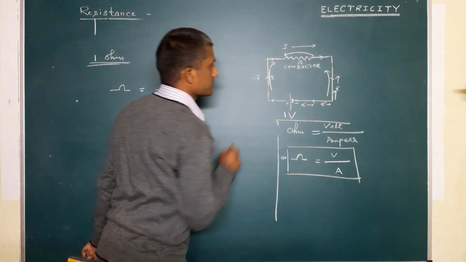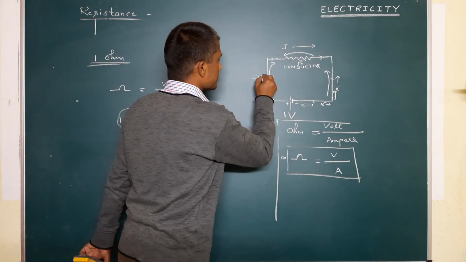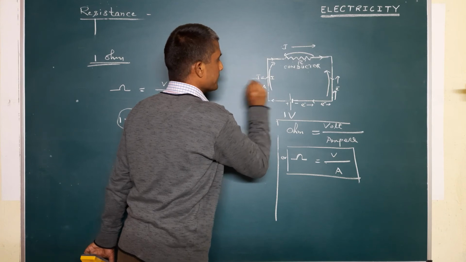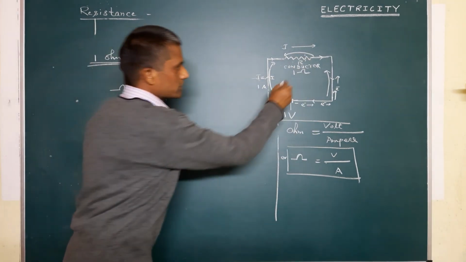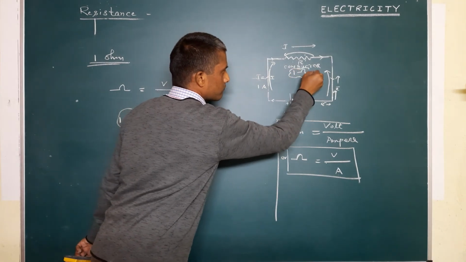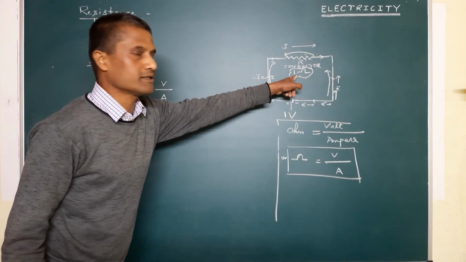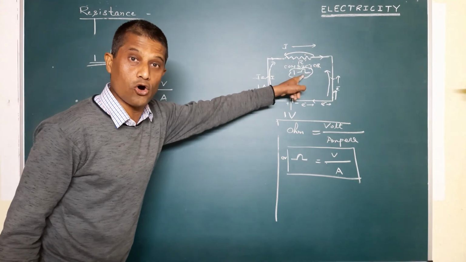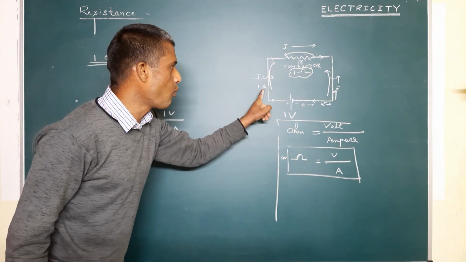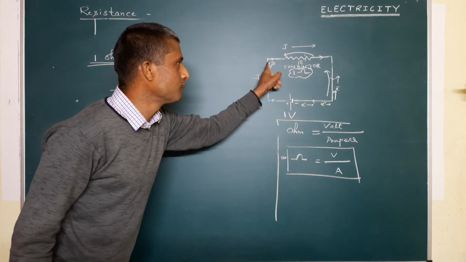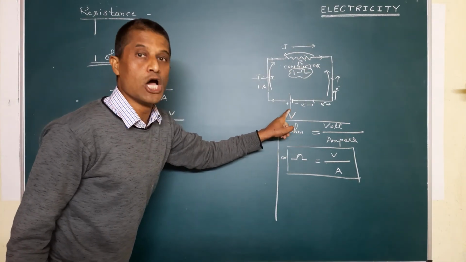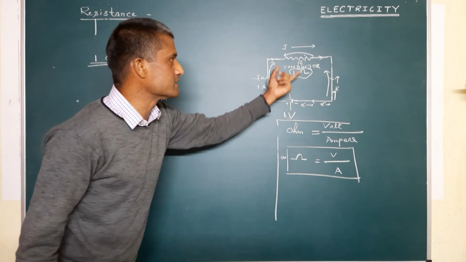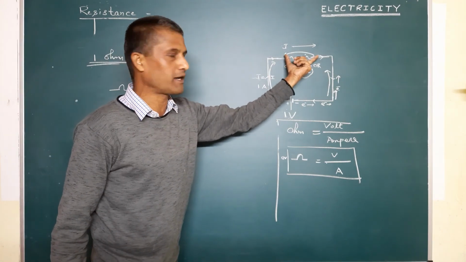This is 1 volt, the current is 1 ampere and this is 1 ohm. So the resistance of a conductor is said to be 1 ohm when 1 ampere current flows through a conductor under the action of 1 volt potential difference acting across the ends of a conductor.